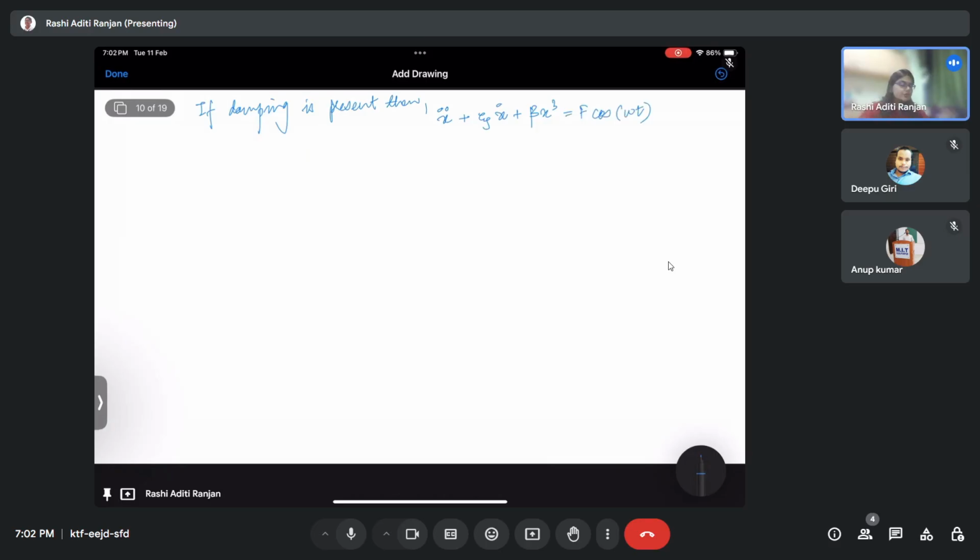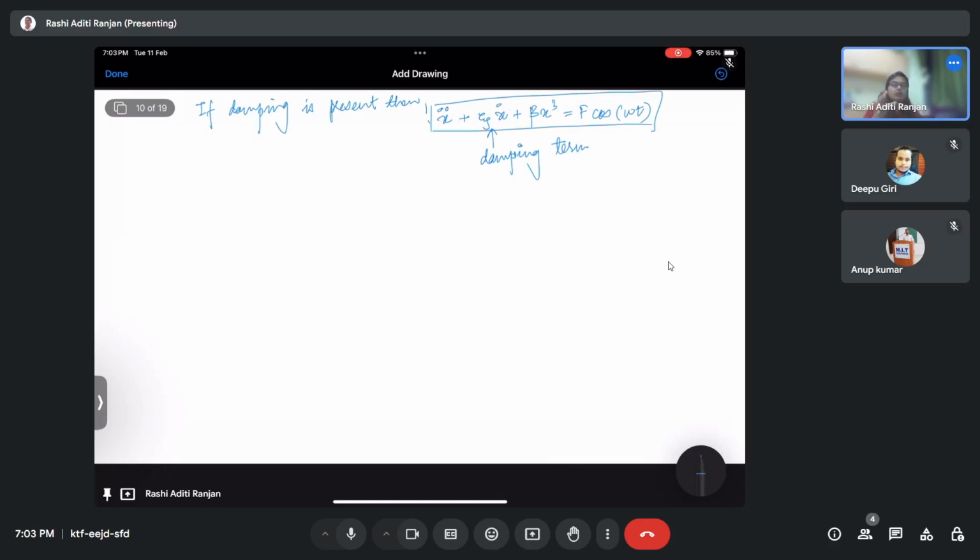Okay, we have introduced a damping term. Again, by the similar method of harmonic balance which we used earlier for the undamped system, we are going to assume the same solution, a cos omega t plus b sin omega t. We are not going to change the solution. The only thing is that now the expression has changed, but the assumption is the same, that the solution is periodic and of the form a cos omega t plus b sin omega t.